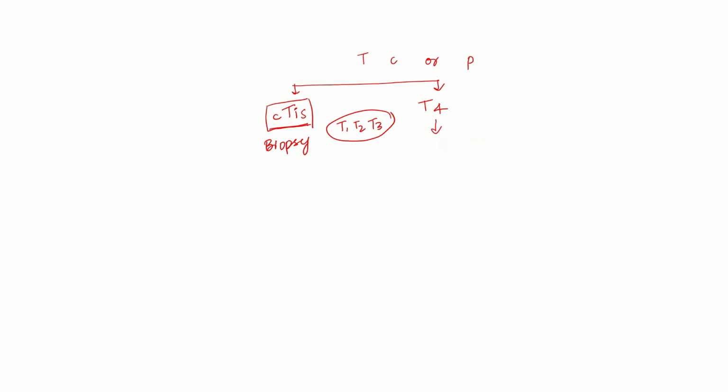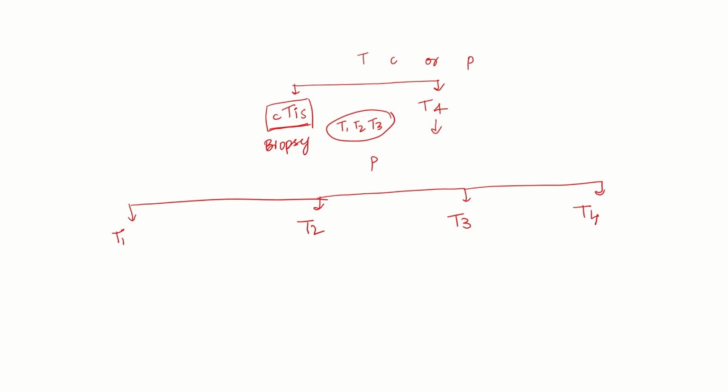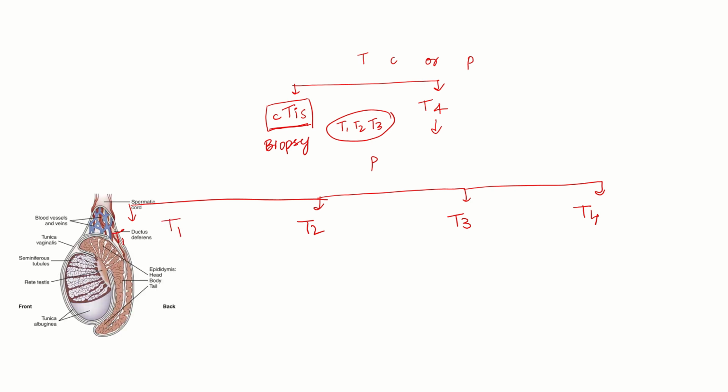Coming to the pathological staging, which is more important, here it is divided into T1, T2, T3, and T4. In T1, the tumor is limited to testis and rete testis with no lymphovascular invasion.